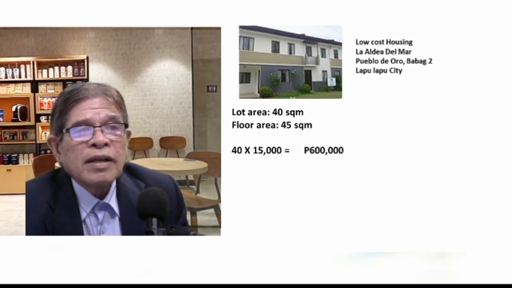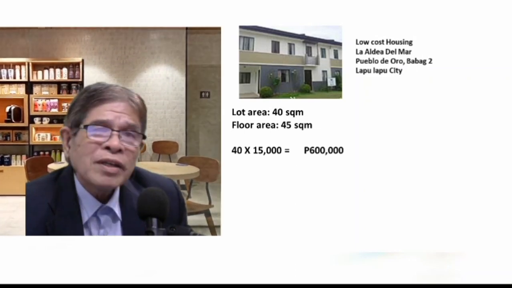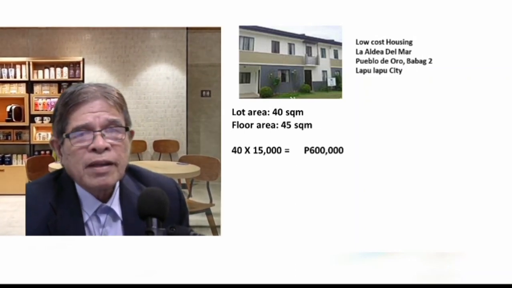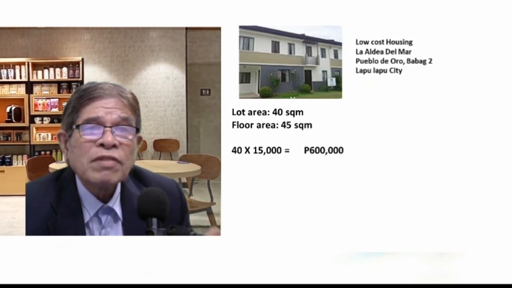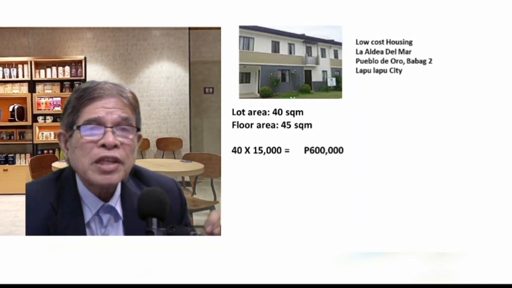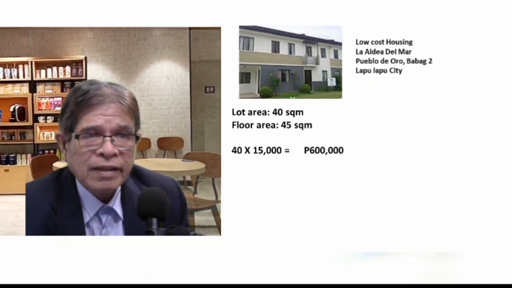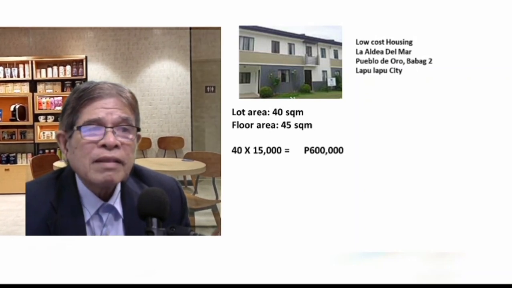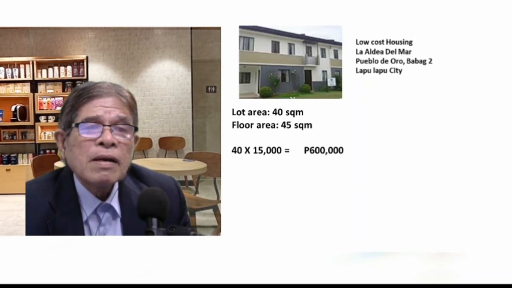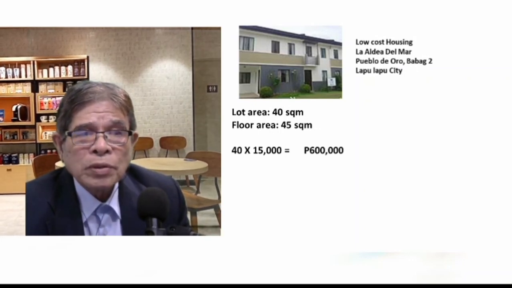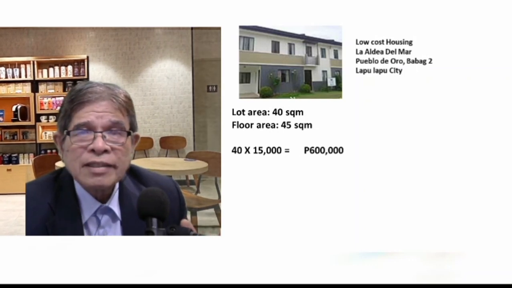Now, 40 square meters times 15,000. Where did I get the 15,000? This is just an estimate of the price of the lot, although there is no available lot only for sale in the area. But this is just an estimate because some lots there are being sold even at 17,000 plus.